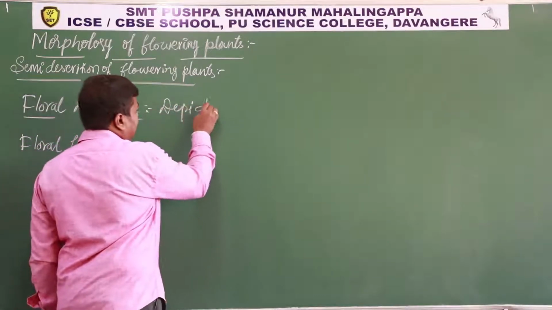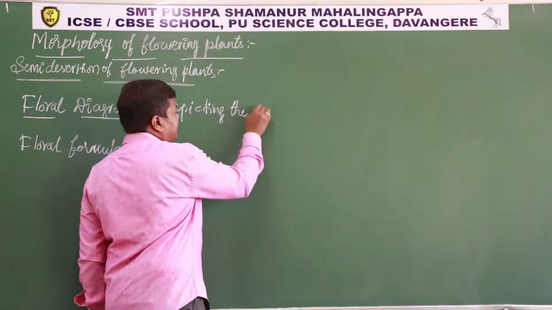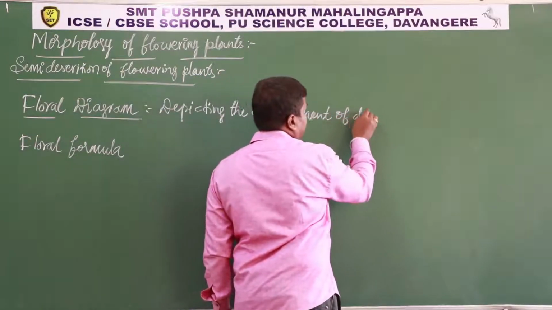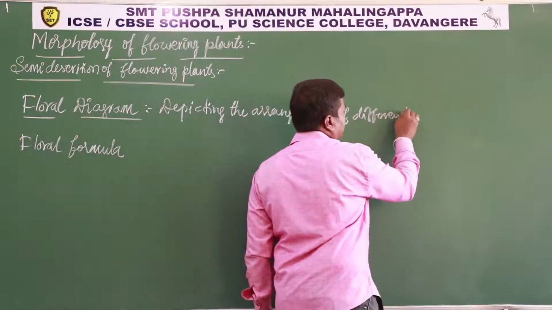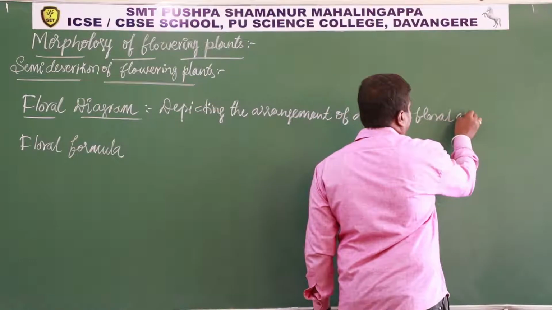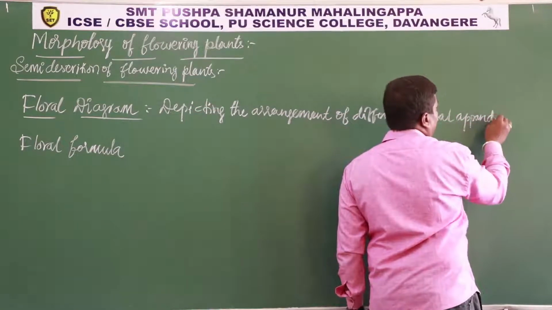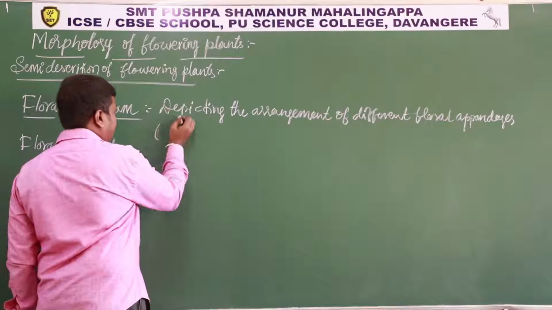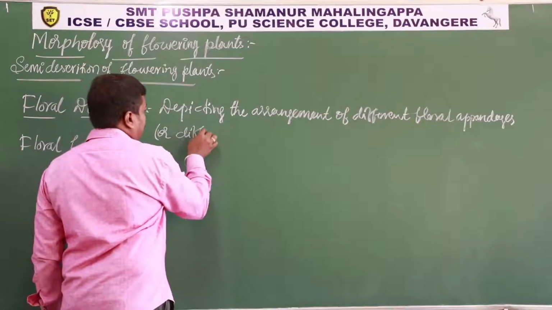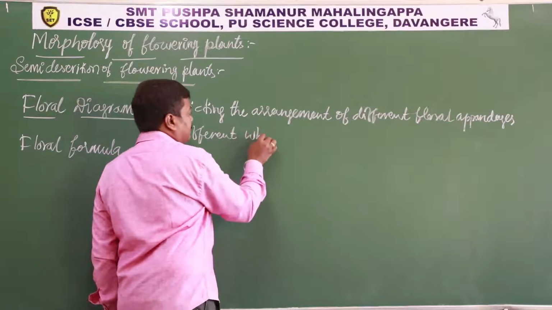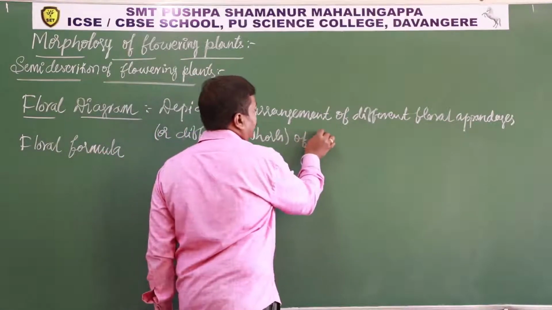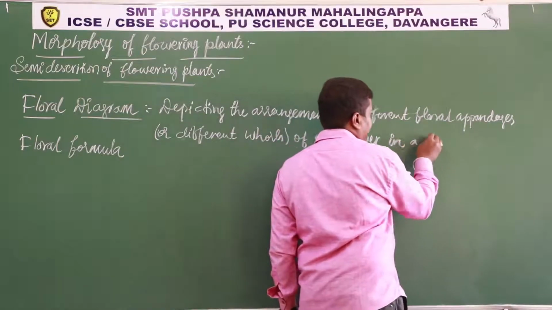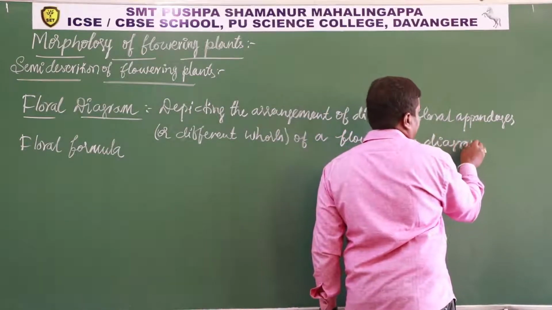In a floral diagram, we depict the arrangement of different floral appendages, or different whorls of a flower, in a diagram.